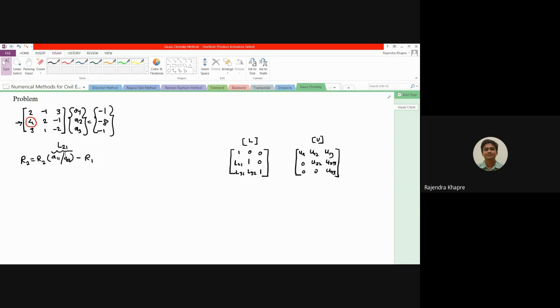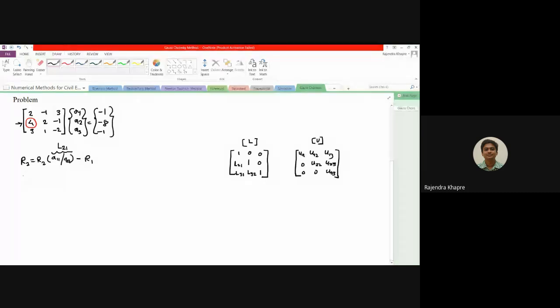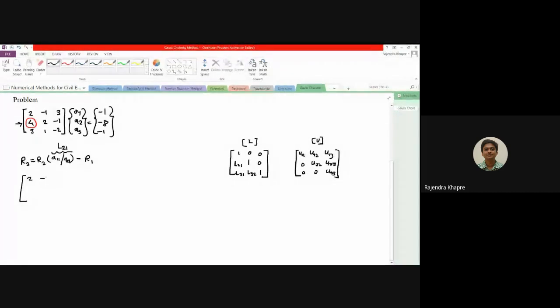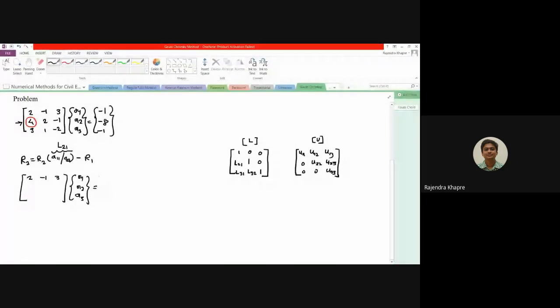If you go for the actual operations, what are you going to get? If I make these changes, this will be 2, minus 1 and 3, again x1, x2, x3, and you can write it in augmented form also, this will be minus 1.